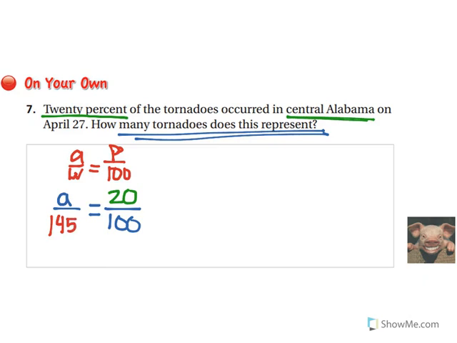Now, if this is the part where you're like, oh, you know what, I now understand what I did wrong, take a moment, solve the rest of this proportion, and then check in with me. If you got this as your proportion, you can go through and watch to make sure you did the work correctly. So we have 100 times A is 100A, equals 20 times 145, which would get us 2,900.